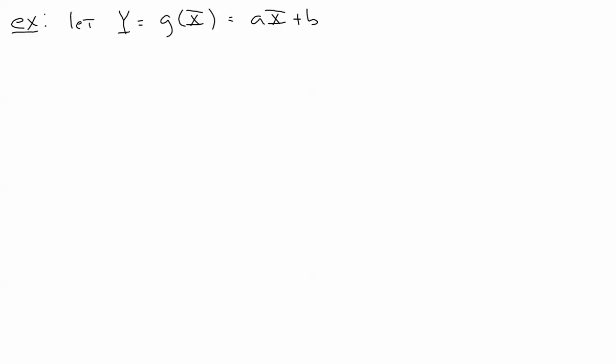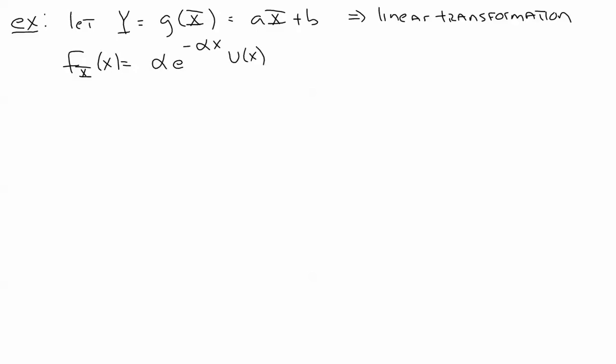All right? This is known as a linear transformation. And I'm going to let x be an exponential random variable with a PDF that looks like this. All right? This is an exponential random variable.